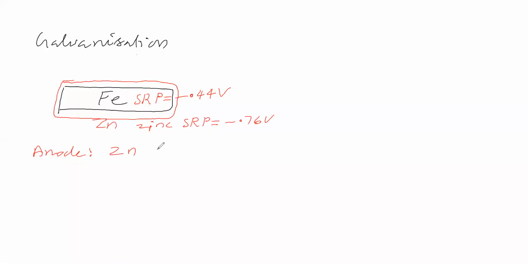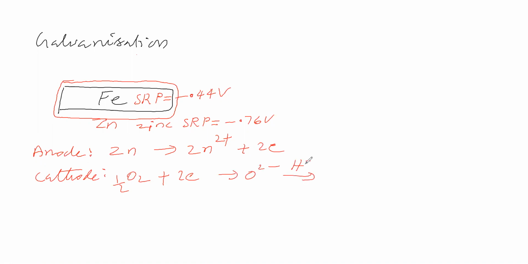So zinc undergoes oxidation. Now the cathodic process we will see. In the cathodic process, oxygen takes these two electrons and becomes O2 minus. O2 minus takes H plus and becomes water. That is the cathodic process.